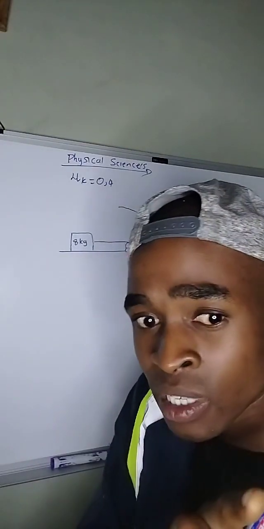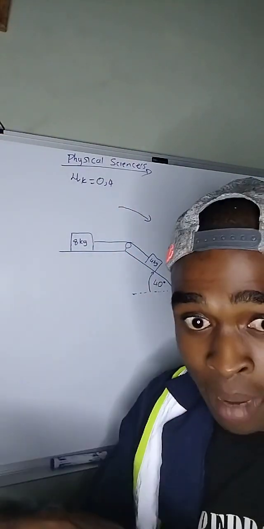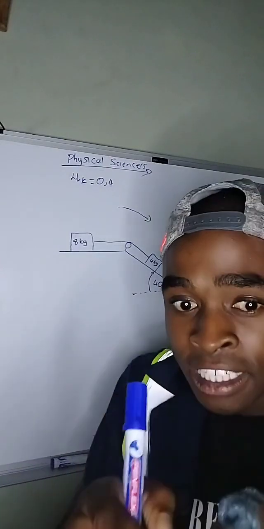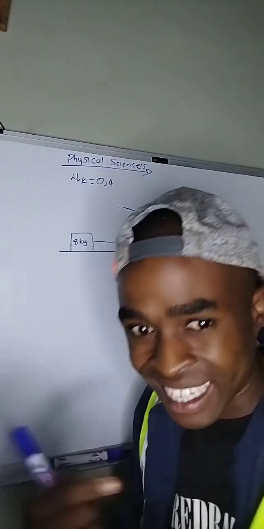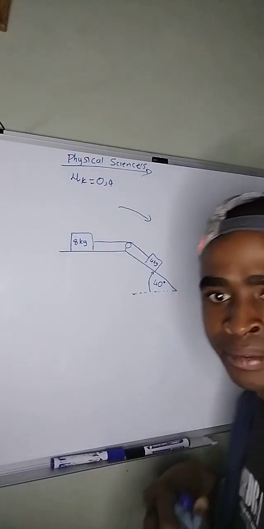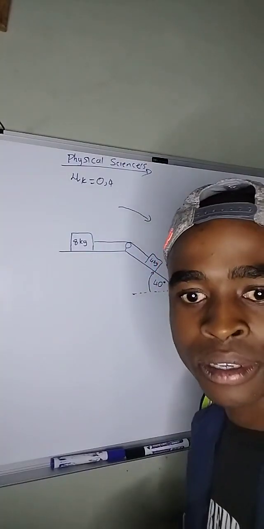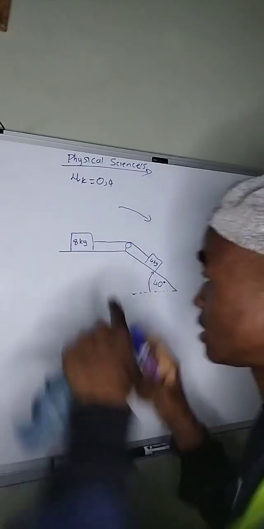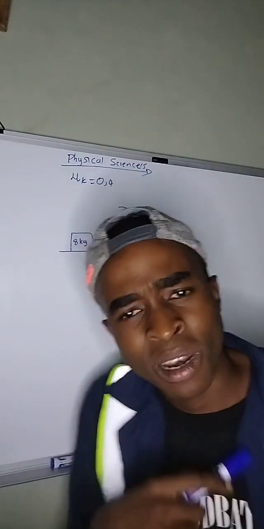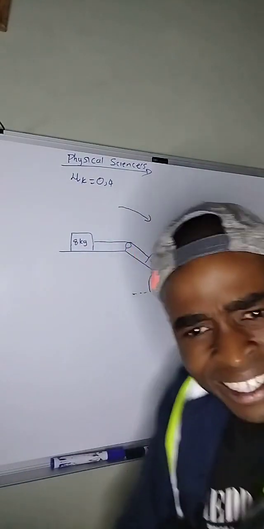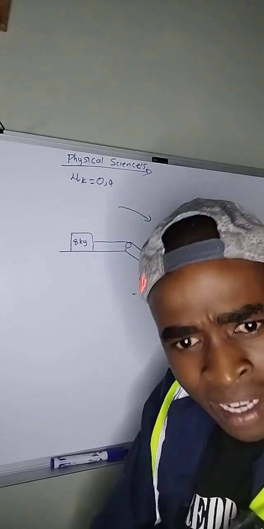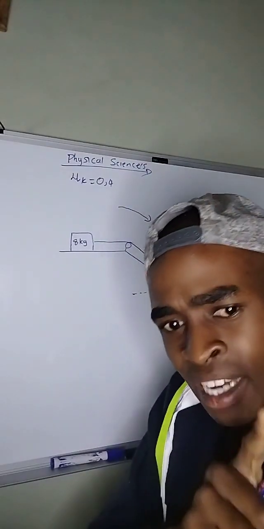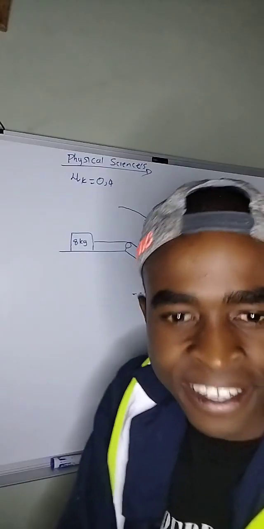Each and every force has its own purpose. Tension is relative to the string. It is not a force applied. Who told you tension is a force applied? Since when does a force applied become tension?